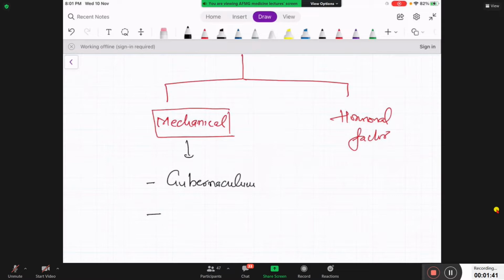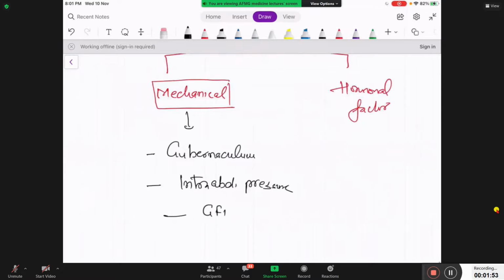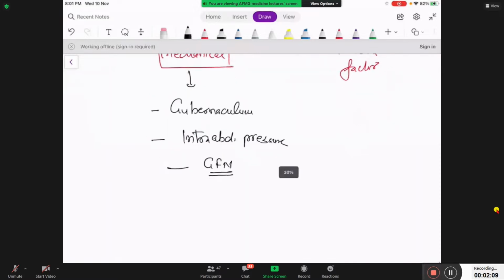The other factors which are responsible for descent of testes are intra-abdominal pressure and also genitofemoral nerve. Important point to note is that genitofemoral nerve also helps in descent of testes. It guides the testes to the inguinal canal. Important.